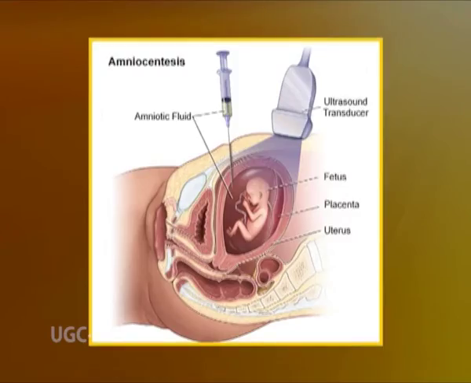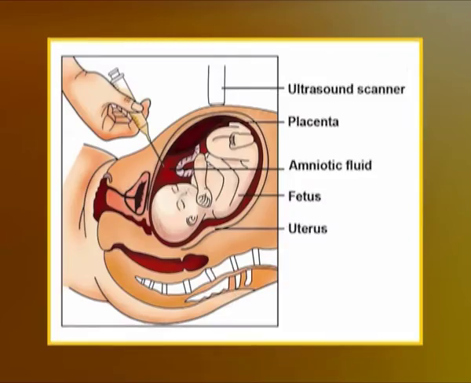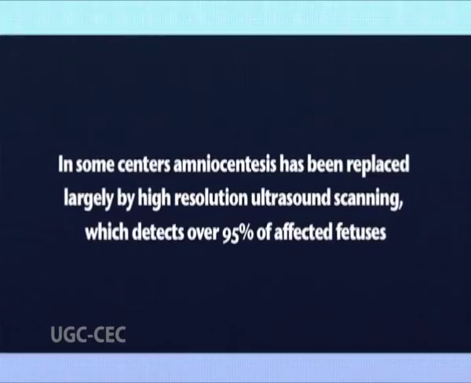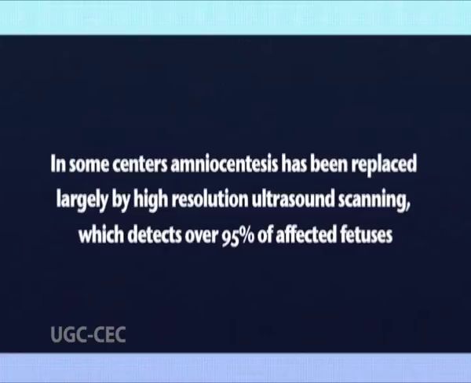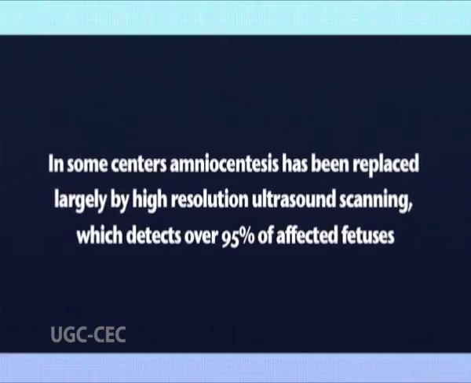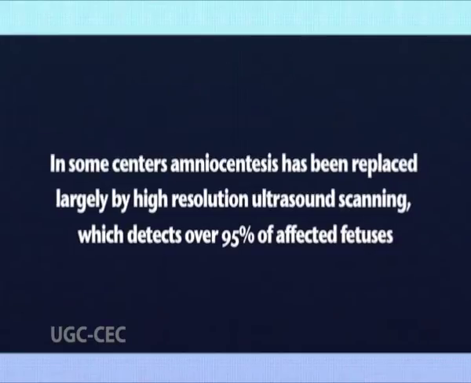A raised AFP level indicates the need for further investigation by amniocentesis or ultrasound scanning. In some centers, amniocentesis has been replaced largely by high-resolution ultrasound scanning, which detects over 95% of affected fetuses.